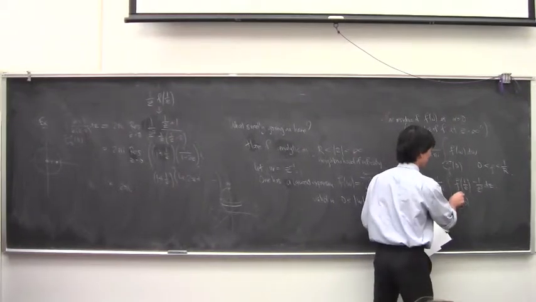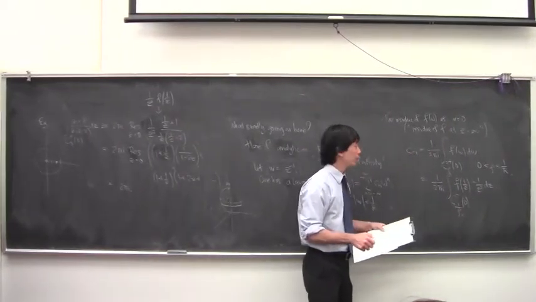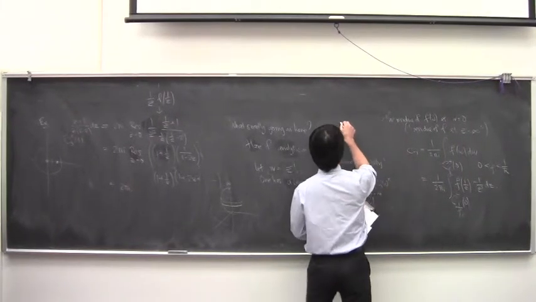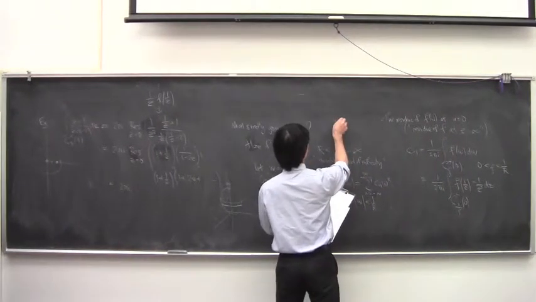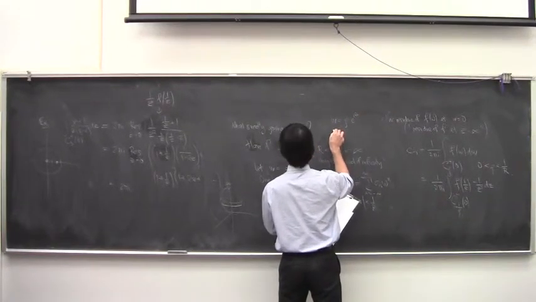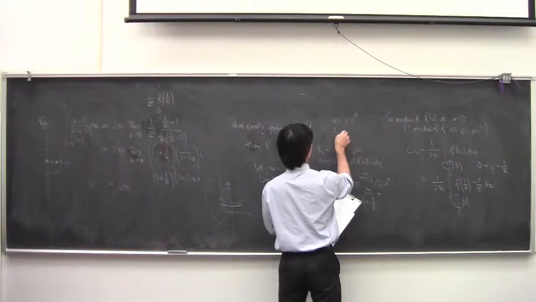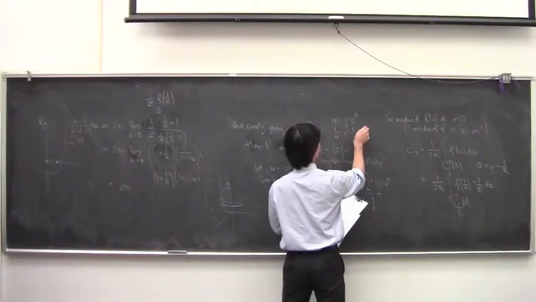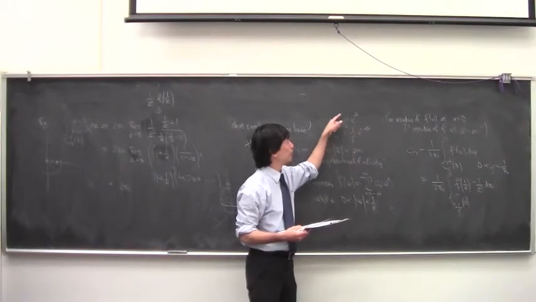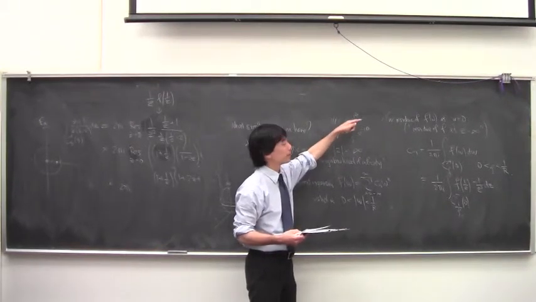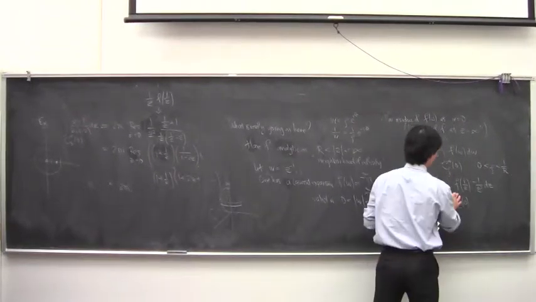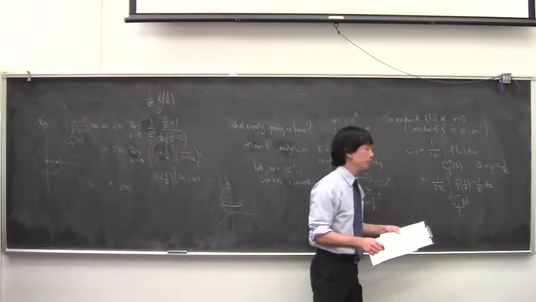Because if w is rho e to the i theta, then 1 over w is 1 over rho e to the negative i theta. And as this walks around counterclockwise, this walks around clockwise. So you get the integral of the loop in the opposite direction.